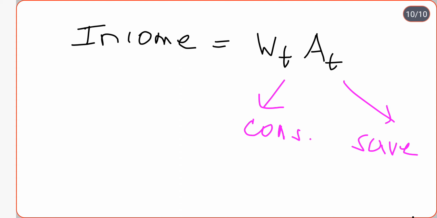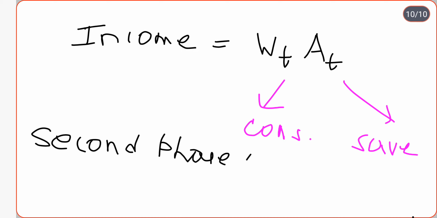So if I want to write the second phase consumption, how can I write it? Let us see now. The second phase consumption is C2T plus 1, and it will be equal to a portion of the saving from the first period.